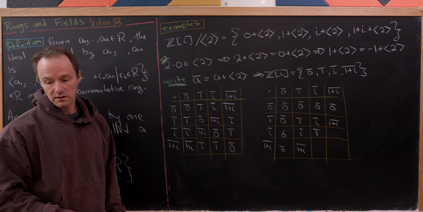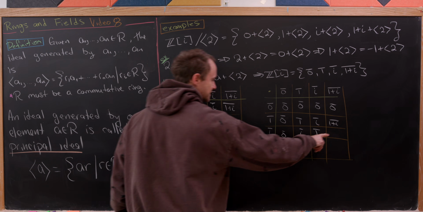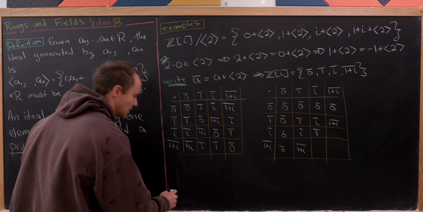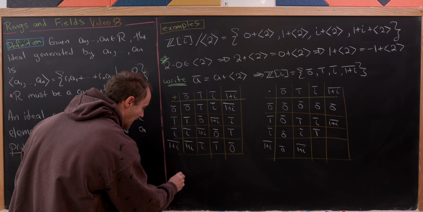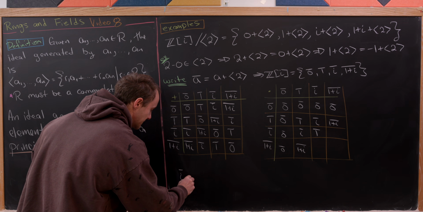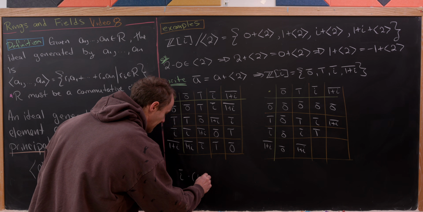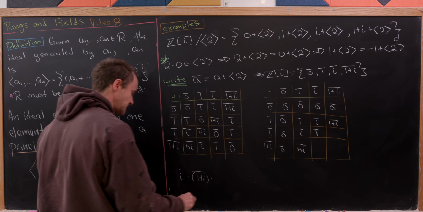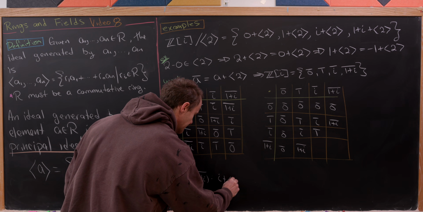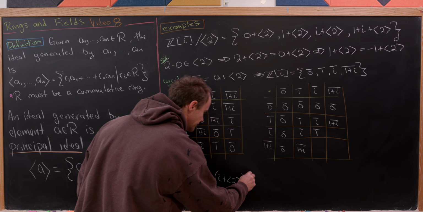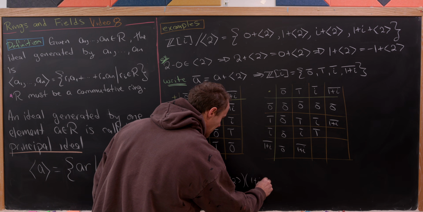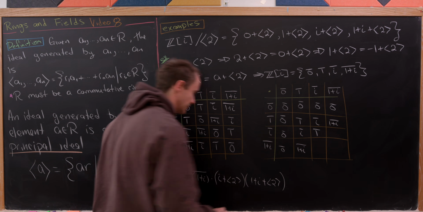And then, well, let's look at this square on its own. So we'll do I bar times 1 plus I bar. So I'm going to write this out as cosets. So that's going to be I plus 2, and then 1 plus I plus 2.